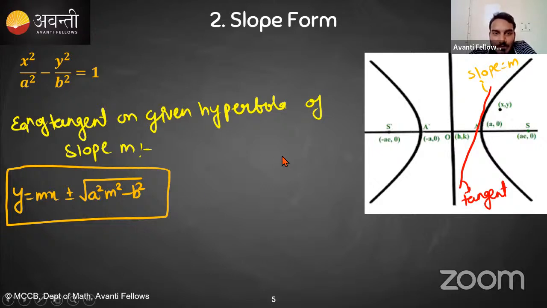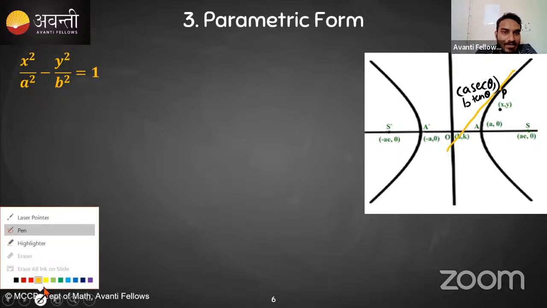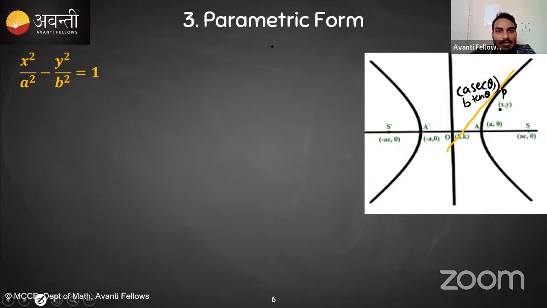Okay. Now the third one is the parametric form. Parametric form means, first of all, in the ellipse we have seen the parametric form, right? In ellipse we can assume any point as a cos theta comma b sin theta. Yes or no? Because cos square theta plus sin square theta is 1. So same as in hyperbola.